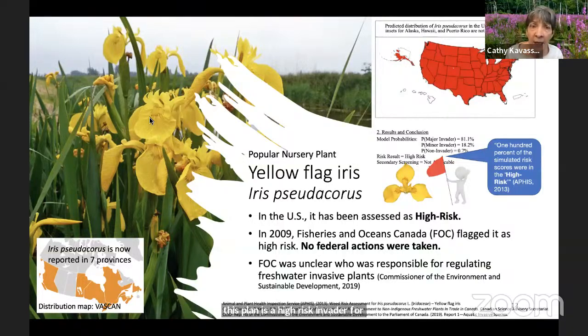In 2009, Fisheries and Oceans Canada flagged this as a high-risk species for Canada, and yet FOC took no action because it was unclear to them who was responsible. The Commissioner on the Environment in 2019 recognized this failure to act as a serious problem.